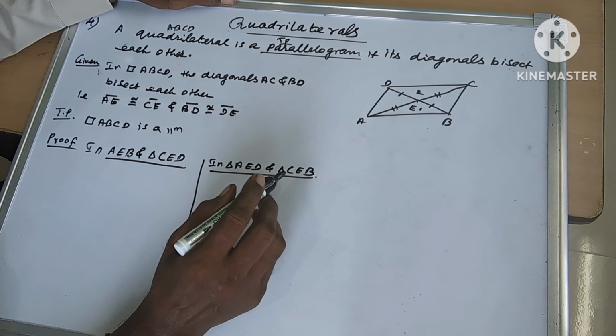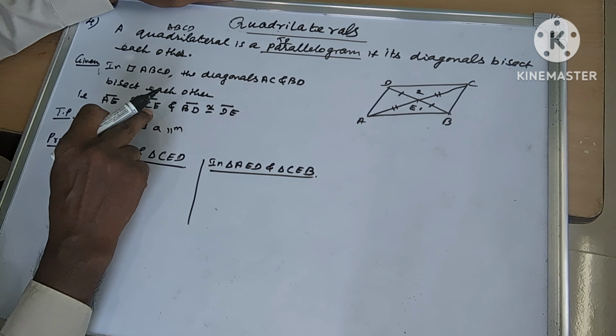AEB and CED. What are the congruent parts here?